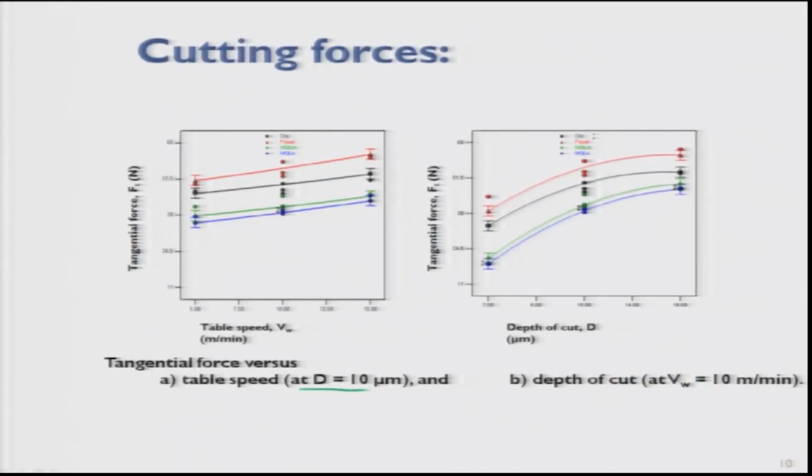So, for D equal to 10 micrometer, we can see the tangential force. When the tangential force is plotted against table speed, we can see there is an increasing trend here. At higher table speeds in this range from 5 to 15, the force is also increasing, and we can see that in dry, flood, MQL and MQLV.